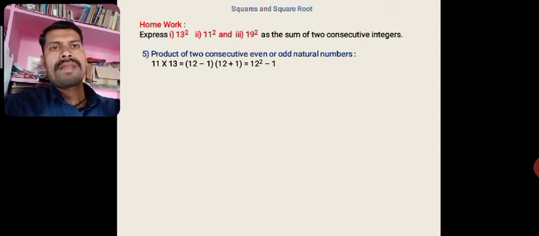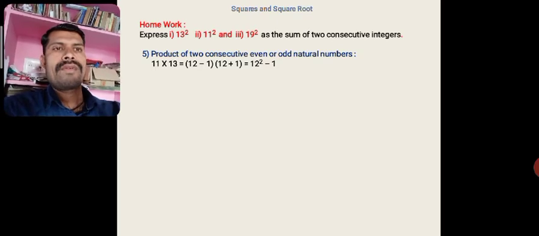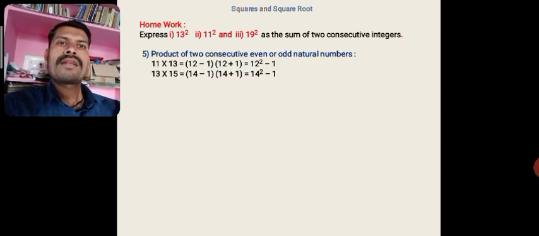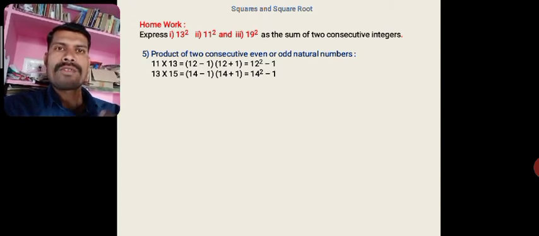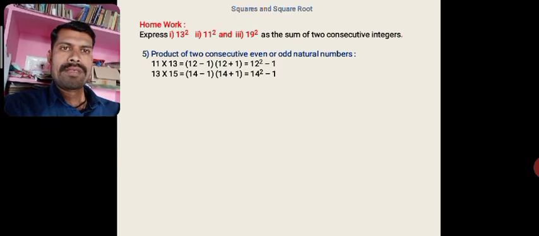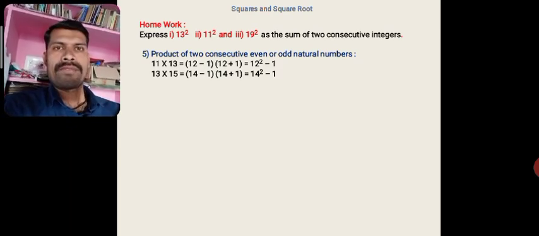Okay, so that means if you take any two consecutive even or odd natural numbers, you will get this form here. You take 13 into 15, the next two consecutive odd numbers, and you will get the square minus 1 form only.